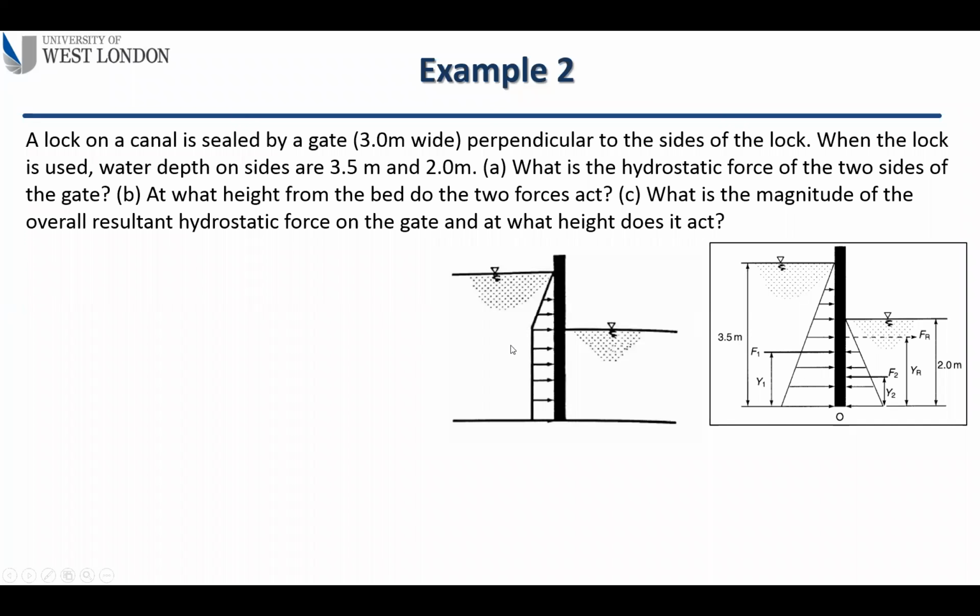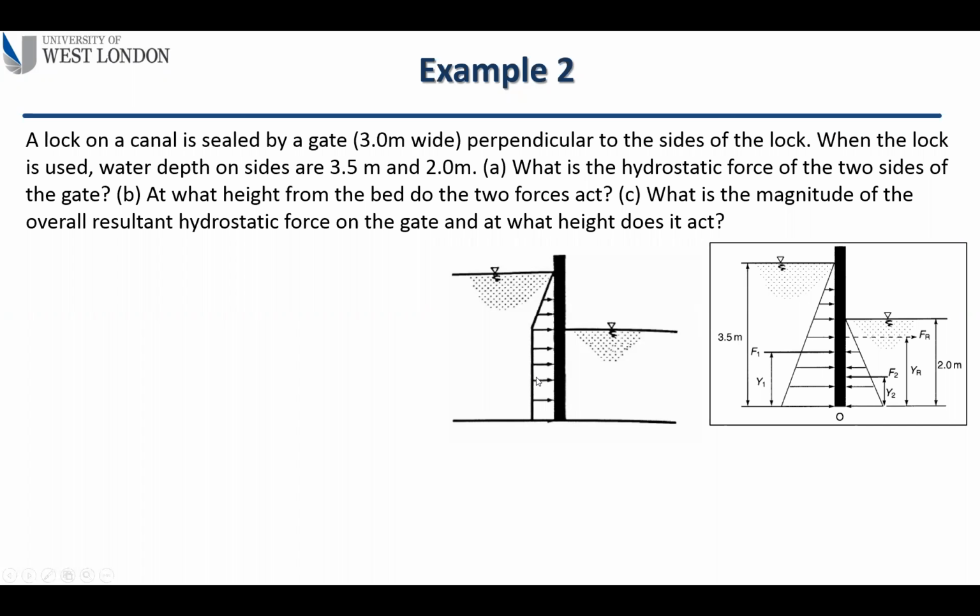The tip of that distribution has been taken off or compensated from the right-hand side. So this is a trapezoidal shape. You can just calculate the centroid of this trapezoidal shape, which will give us the resultant FR, and its location will be YR. This is another way to calculate this one.